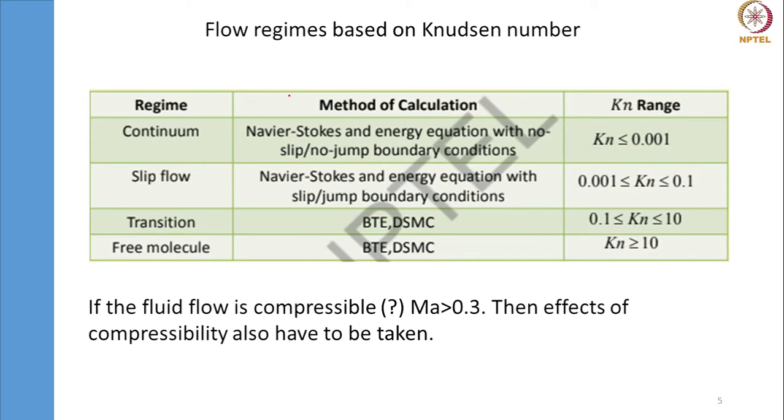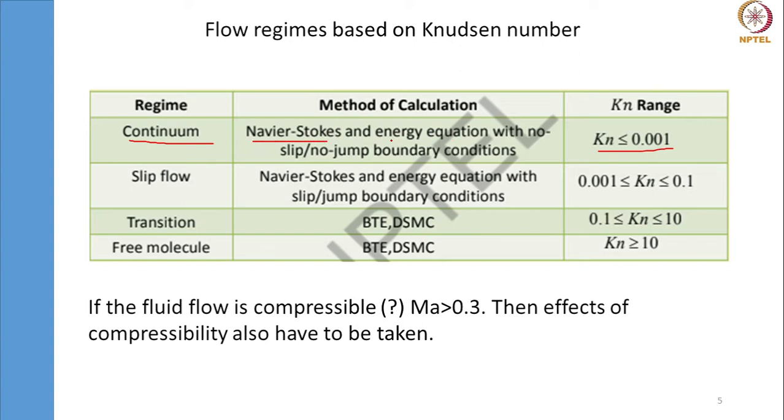So there are some different kinds of flow regimes based upon a special number called the Knudsen number. Knudsen number is defined as the ratio of mean free path to the characteristic length. So if Knudsen number is less than 10 power minus 3, then the regime is the continuum regime, and we are free to apply our conventional Navier-Stokes equation, which we are well conversant with.